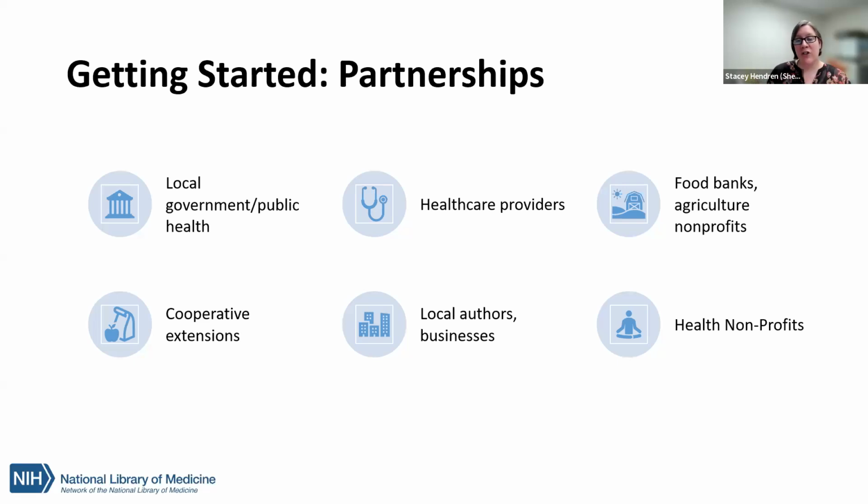And sometimes they reach a bigger population by coming to the library. Types of partnerships to consider: local government or public health offices, healthcare providers, food banks, agriculture nonprofits, cooperative extensions. They could do a program on food safety, local authors, businesses, or other health nonprofits.